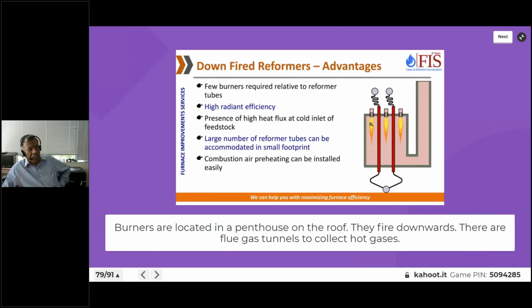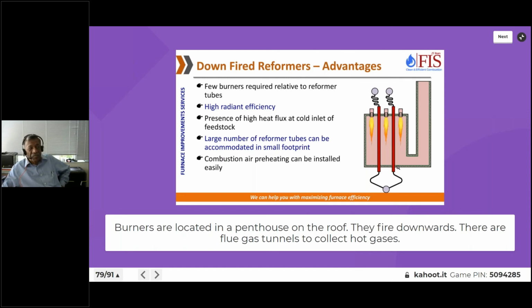You can see over here, we need very few burners. One of the things they talk about is that the flue gas and the feed are going in the same direction. So we get maximum heat transfer in the bottom, and we have a very uniform tube metal temperature profile.